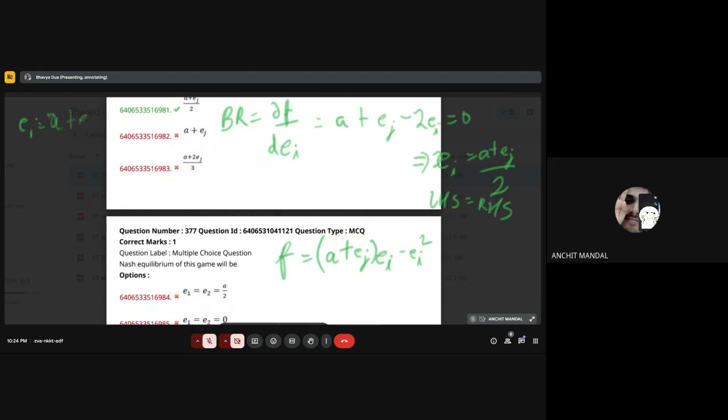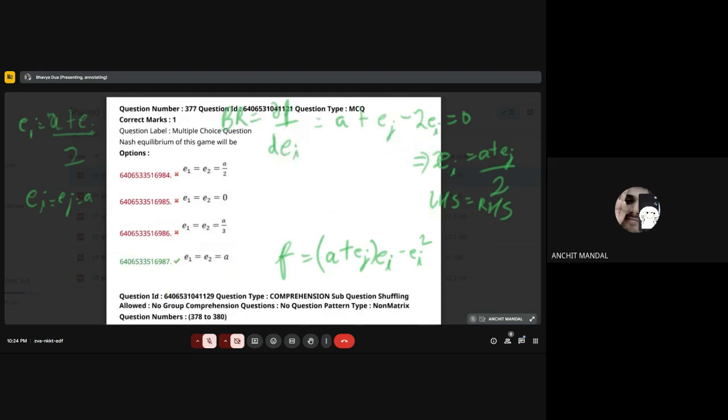So e_i over e_i plus e_j is equal to a. I just solved this. e_i is equal to e_j is equal to a. Here the value of a is not given, so it's just a. Correct, correct.